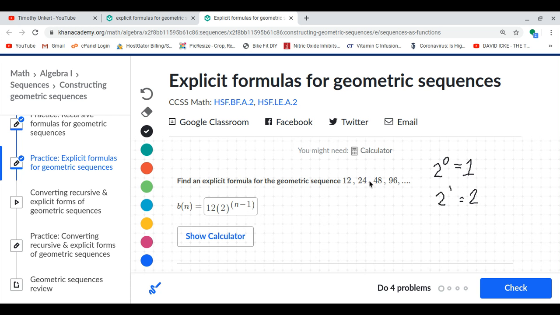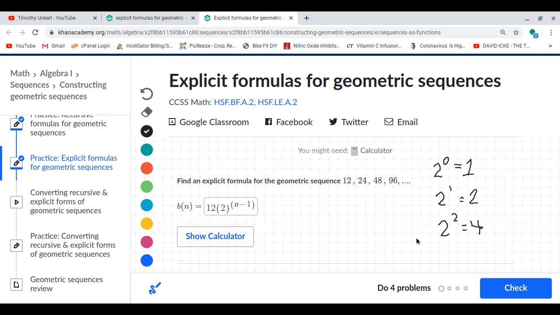To get to the third number from the first number, we multiply by 2 twice, or 2 to the second power. So if you start to notice, every time we go up a term, we multiply by 2 one less time than the number of the term.